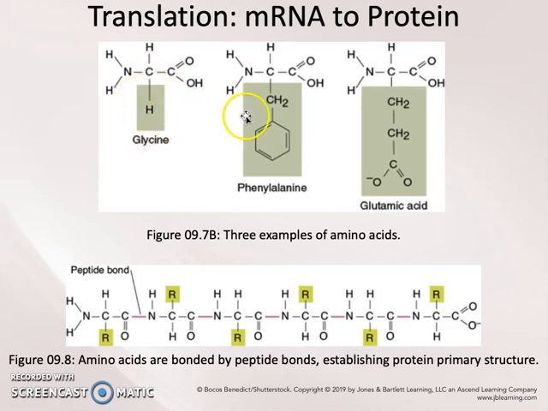The variable side chain is what makes the different amino acids different from each other. There are 20 different types of amino acids that can be incorporated into a protein.